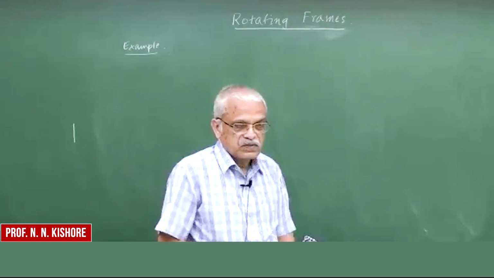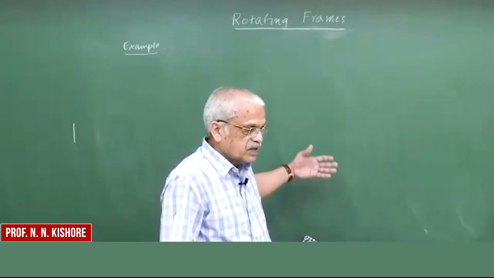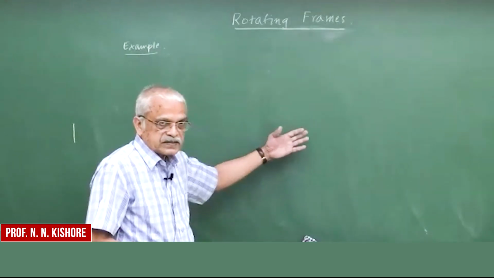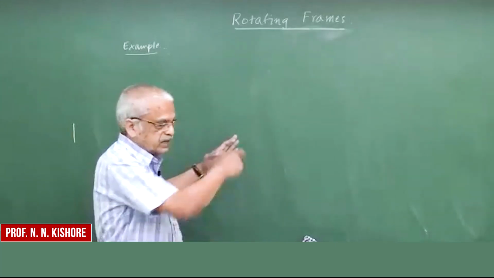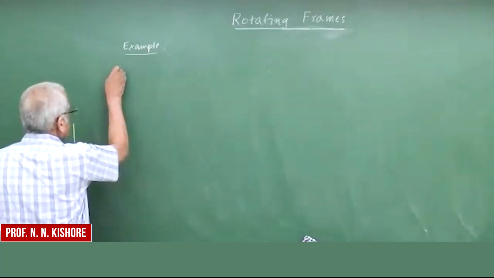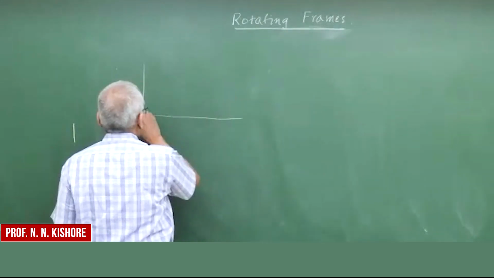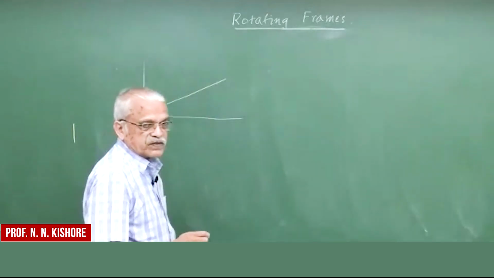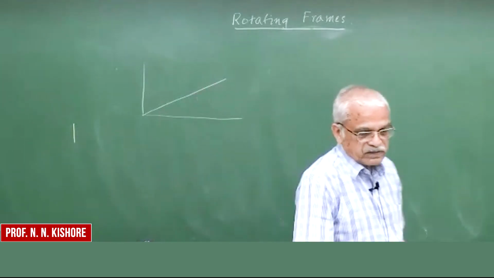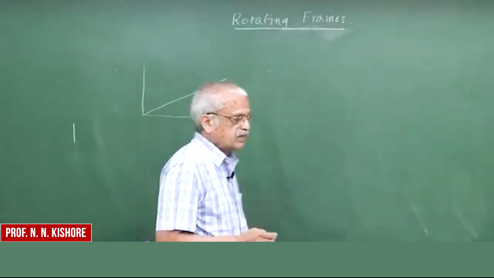Now we are coming to rotating frames. I want to show you there are many ways of solving the problems, and they're not at variance with each other. They're all the same.